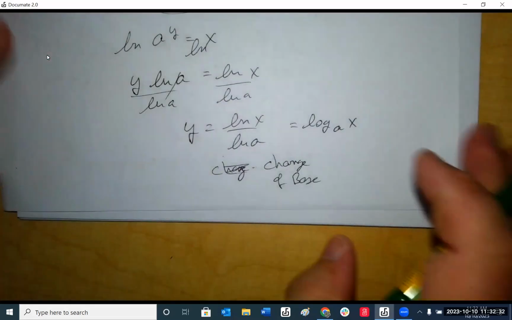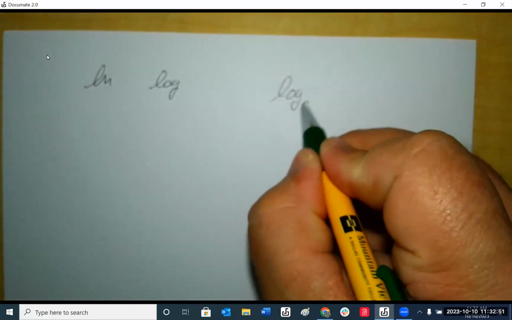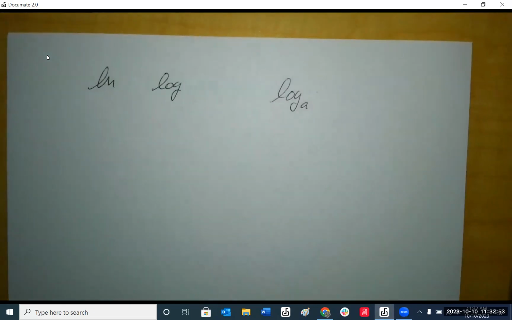Everybody remember the change of base formula? First, why do we need to know it? Because our calculators only calculate on base 10 or base e. If you look at your keys, you either have ln or log. There's no key on your calculators that says log base a.